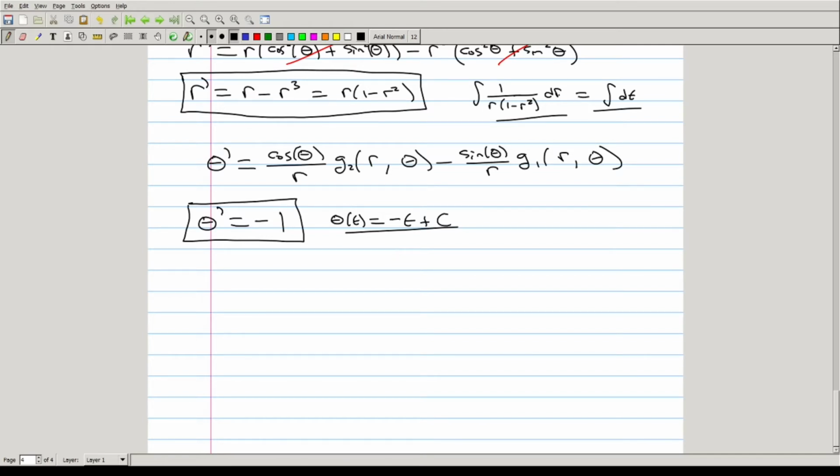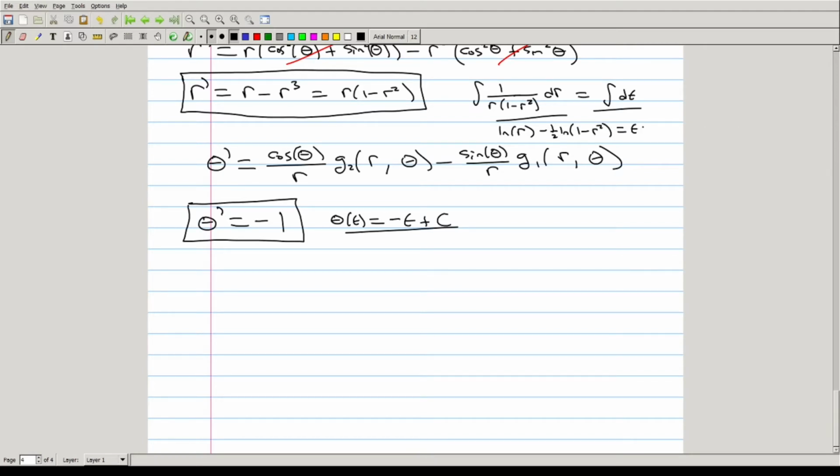Likewise, when you integrate this, you'll get natural log of r minus 1/2 natural log of 1 minus r squared.